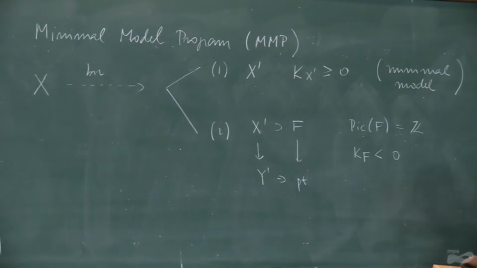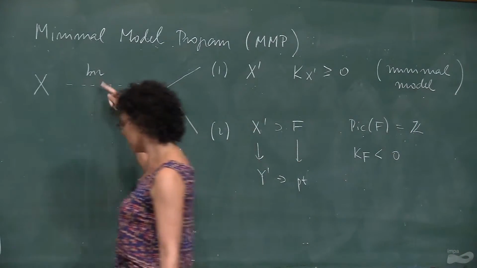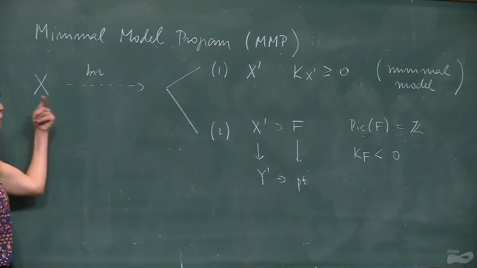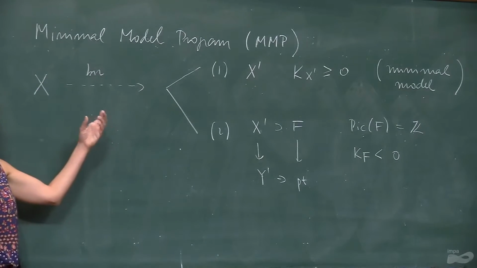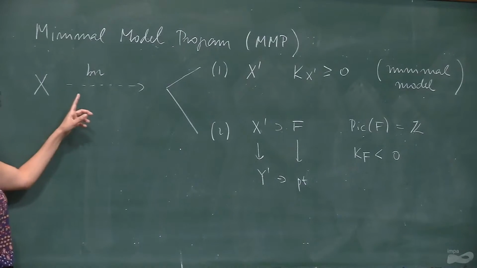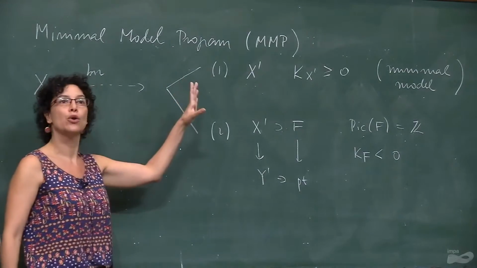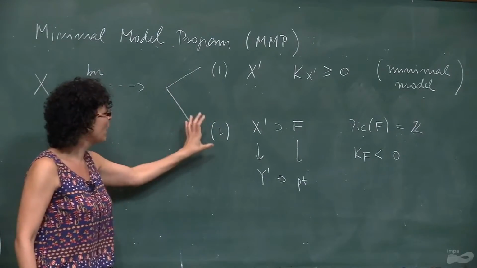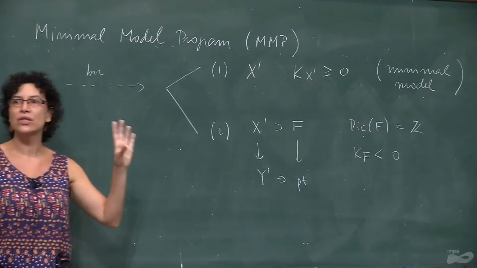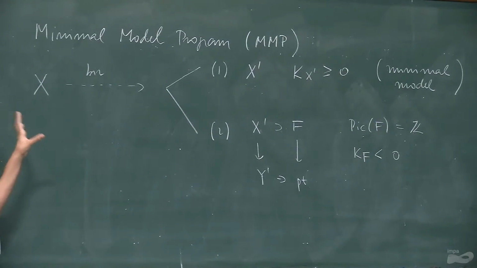Okay, so the next step. This algorithm involves many choices, and if you make different choices, you may get different outputs. But the type of the output, 1 or 2, depends only on X. It's something intrinsic.